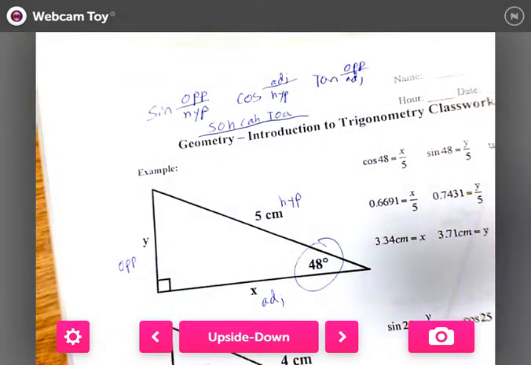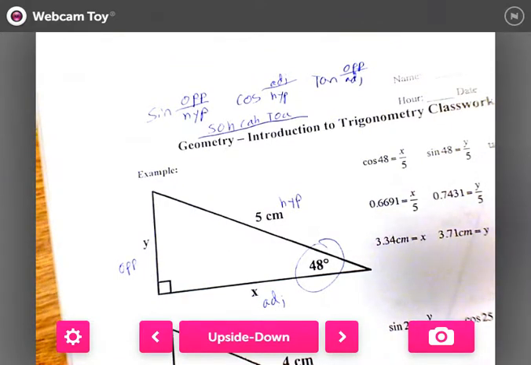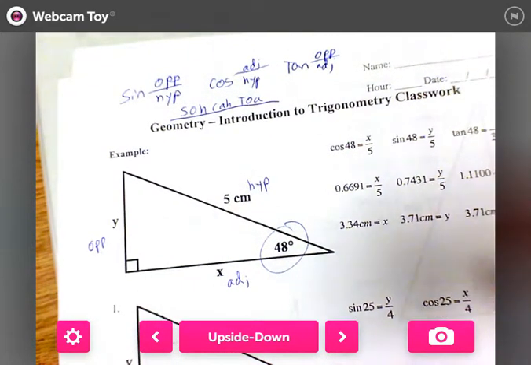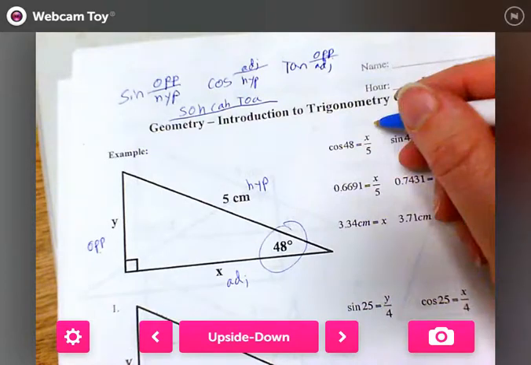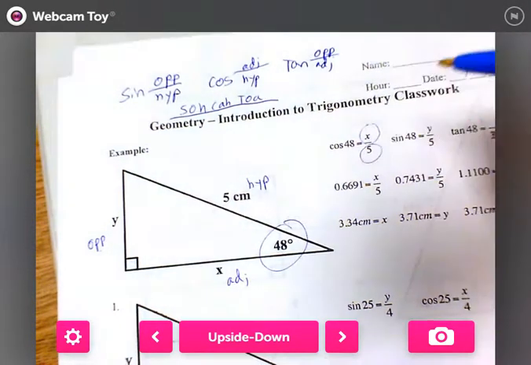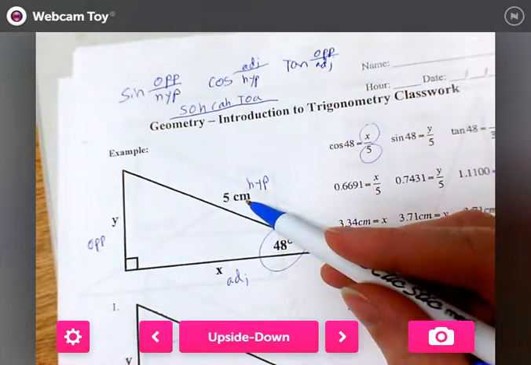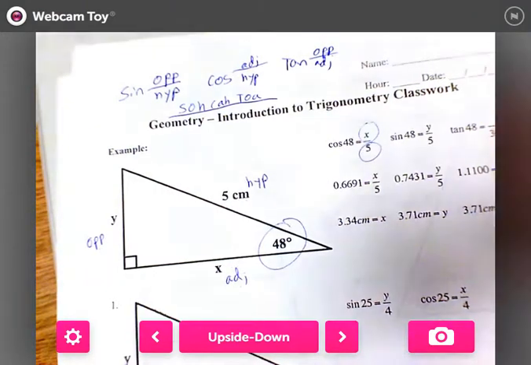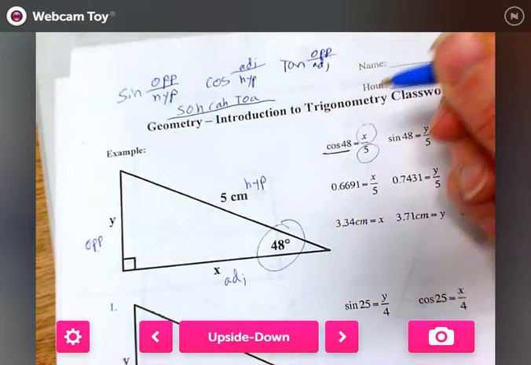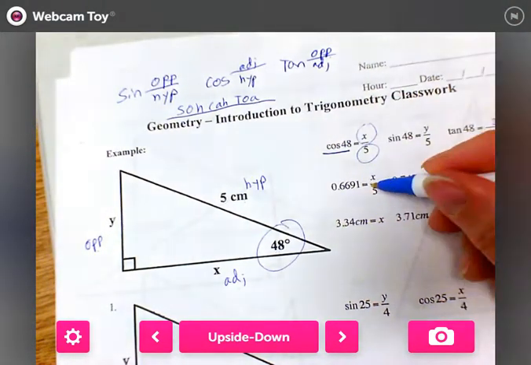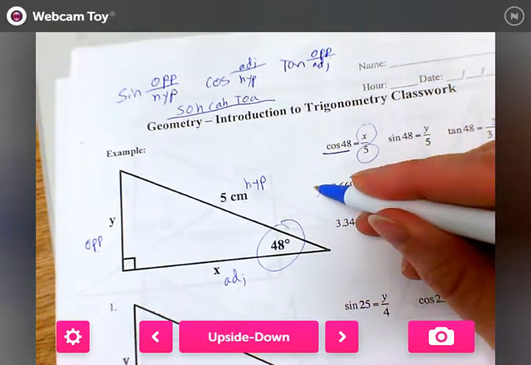Okay? So if we want to find the cosine, we have to have the adjacent on top over the hypotenuse. So my adjacent is x over 5. We write it like this, where we say cosine of 48, and then we're going to multiply it by 5.